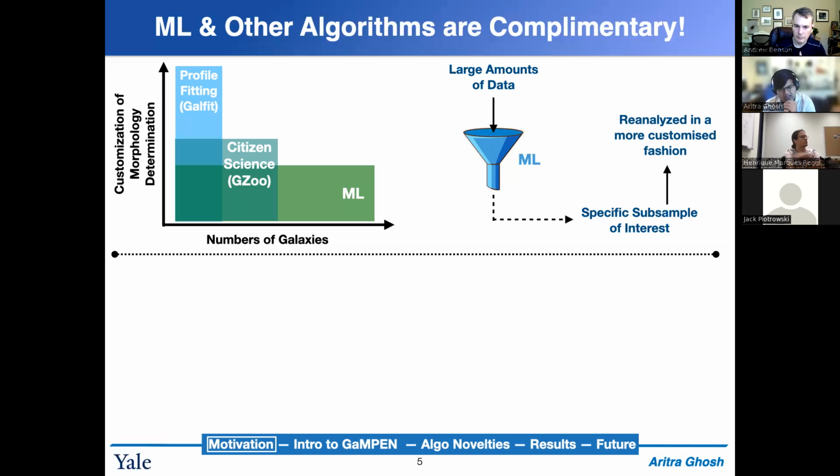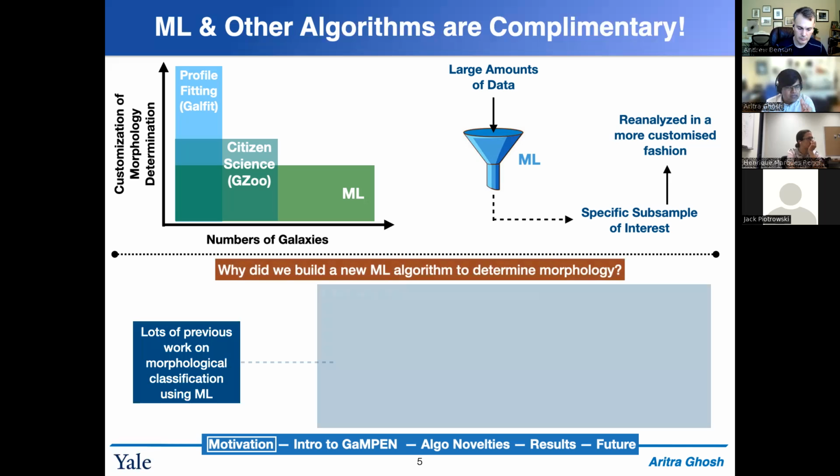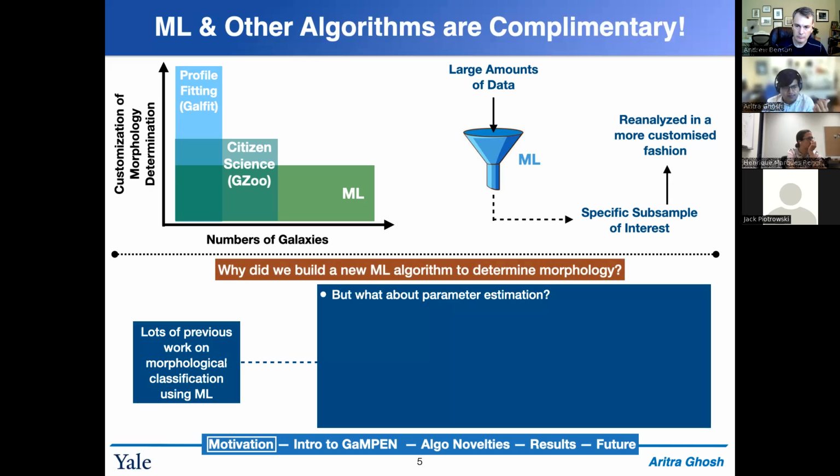Now, but weren't there machine learning algorithms to determine morphology already? Why did we go ahead and build a new algorithm to determine the morphology of galaxies? And to answer that question, it's imperative to look at what previously has been done. So there has been a lot of work done on morphological classification using machine learning.